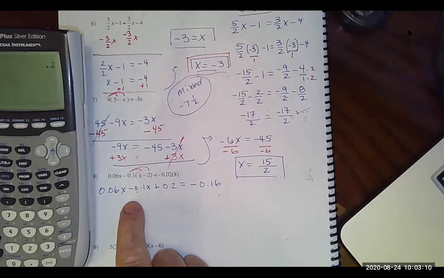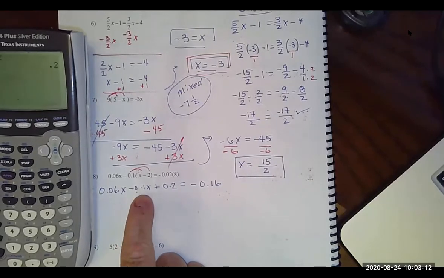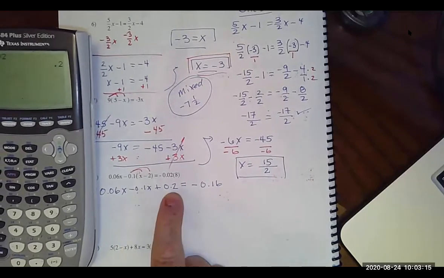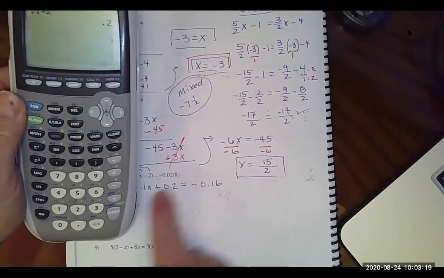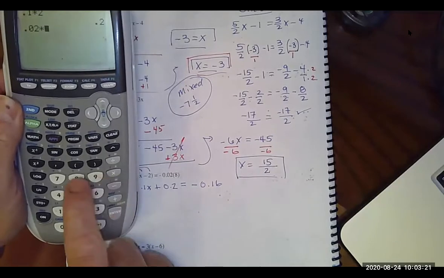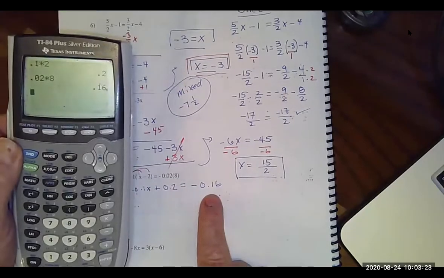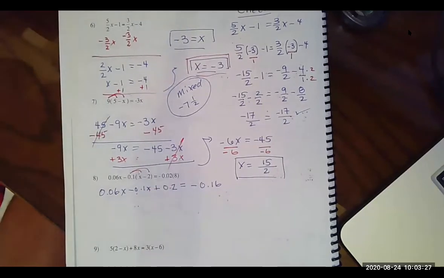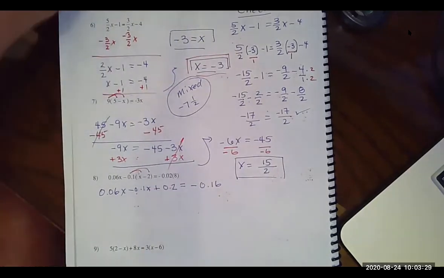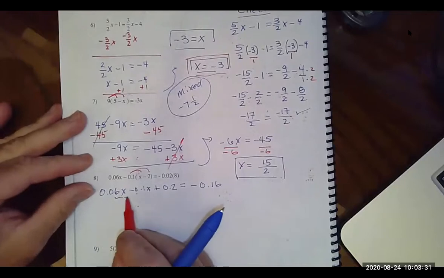Well, look at that, I made a mistake. No, that one's okay. I didn't make a mistake right there. And over here, 0.02 times 8. Yeah, that's good. And there was a negative sitting out here. Okay, combining like terms, these guys are like terms right here.